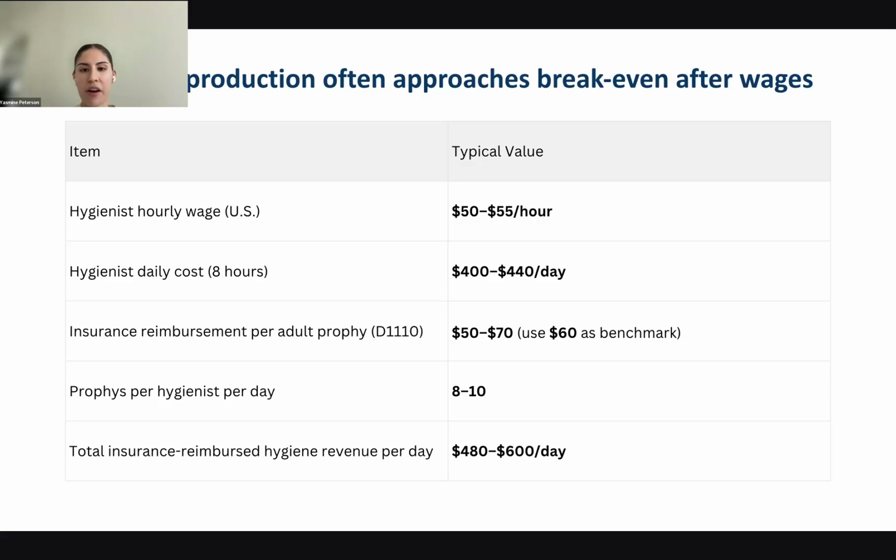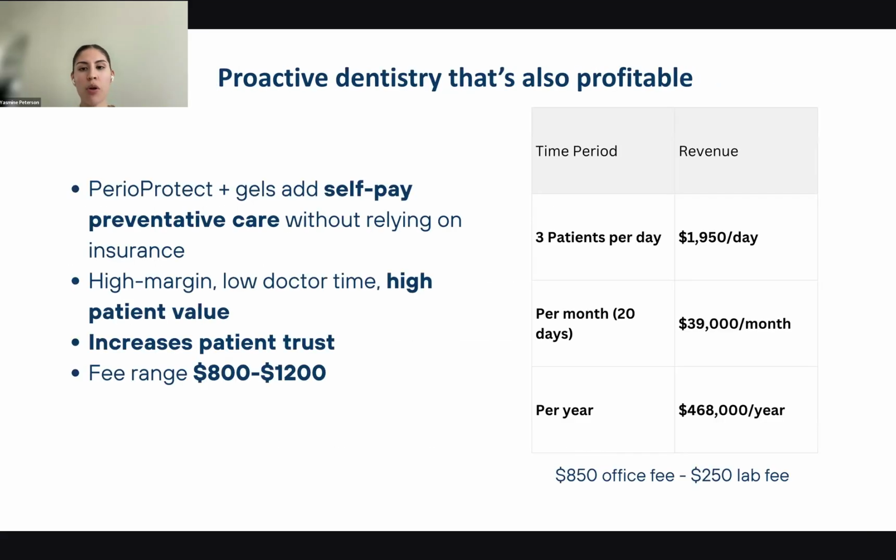So not very much, but when we're providing PeriProtect trays and gel to our patients, we can make our offices more profitable, or our hygiene schedules more profitable. PeriProtect and the gels add self-pay preventative care without relying on insurance.